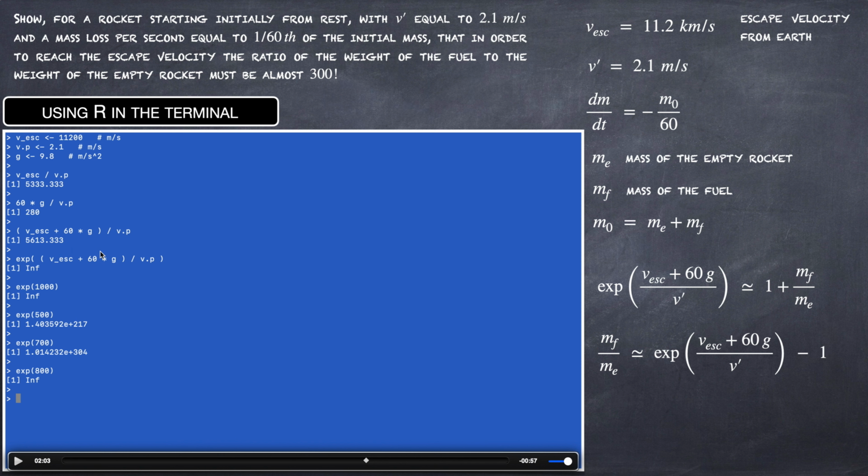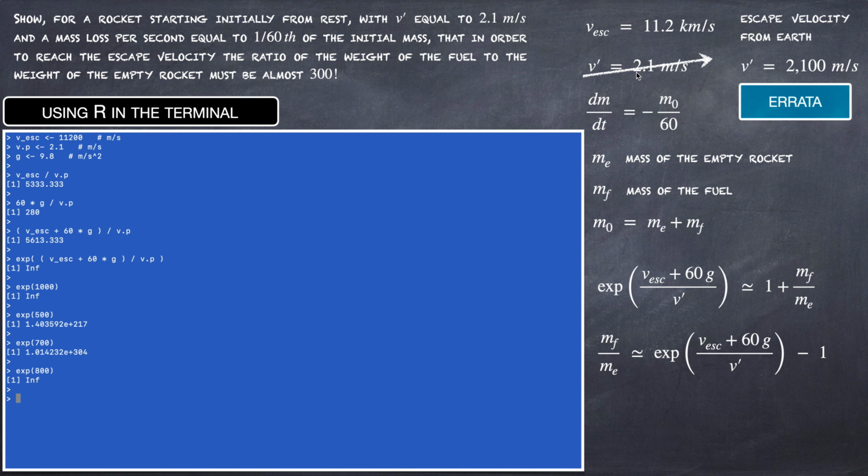And the issue is that there is an error on this value. This should not be 2.1 meters per second. Physically, there is no meaning on the velocity of the gases relative to the rocket to be only 2 meters per second. This should be much higher than this value. So actually, the correct value should be 2.1 kilometers per second.